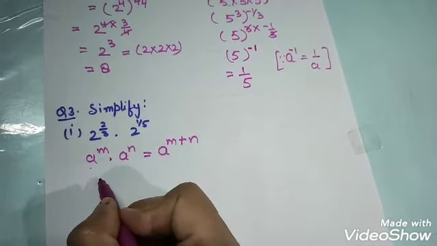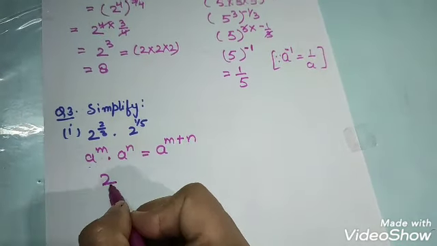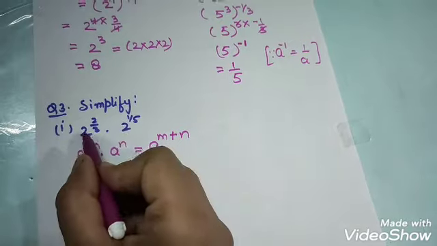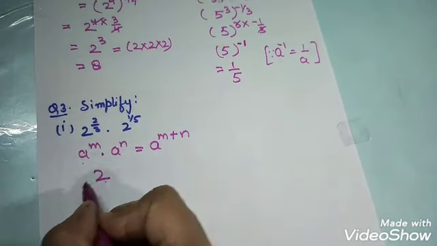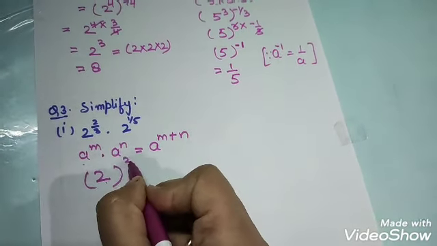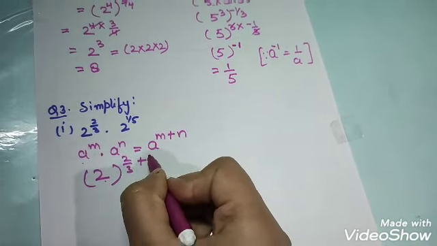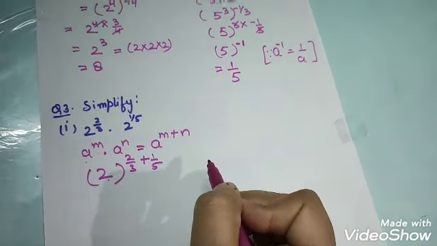In this similar way 2 will get common, that is, here the bases are same, so 2 to the power 2 by 3 plus 1 by 5.